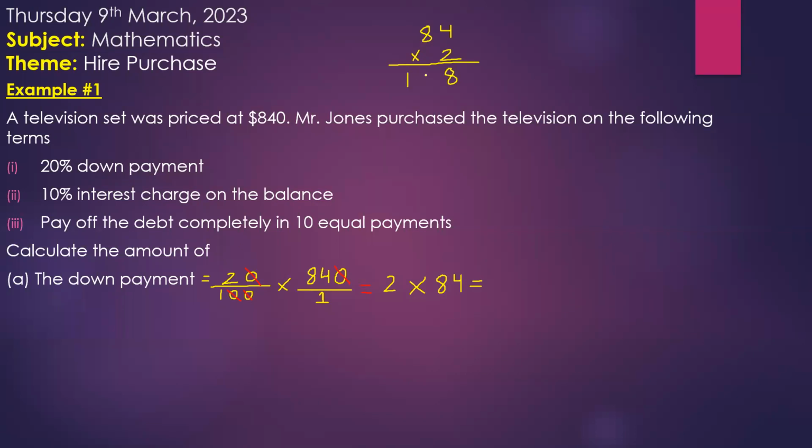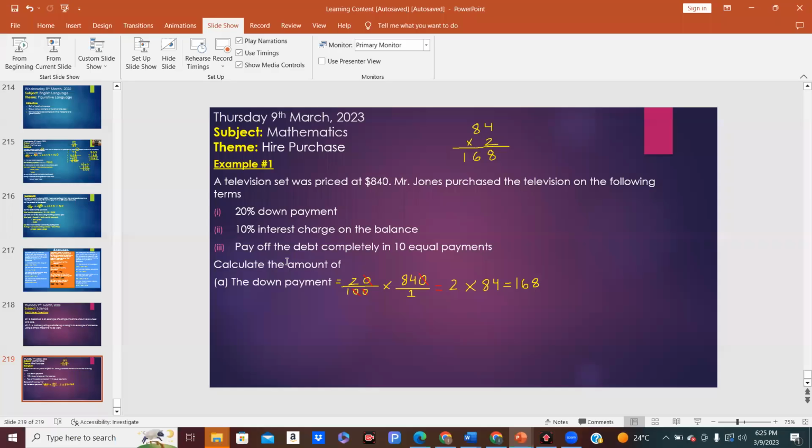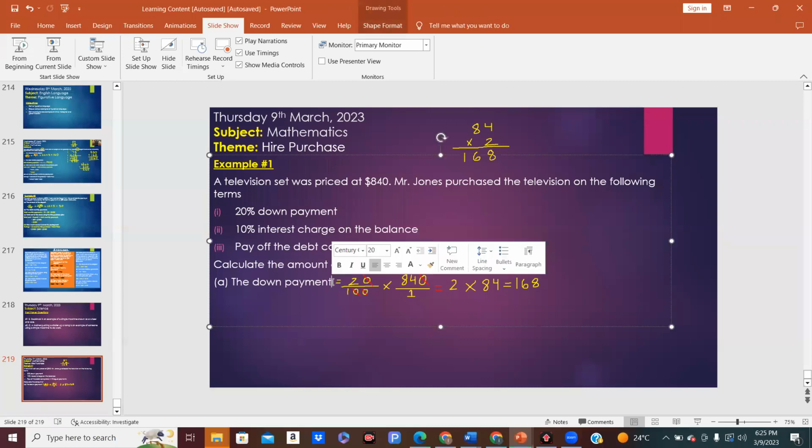It's going to be 168. Good. So that's the down payment. The 20% down payment that he must pay is going to be $168. Any questions on that? How we got the down payment? Please let me know.